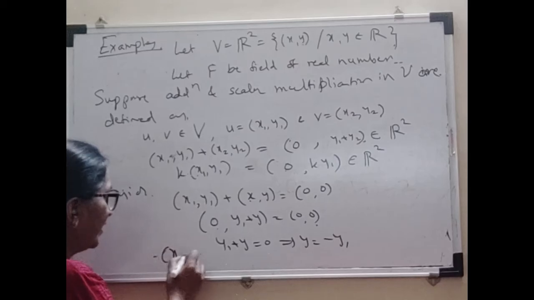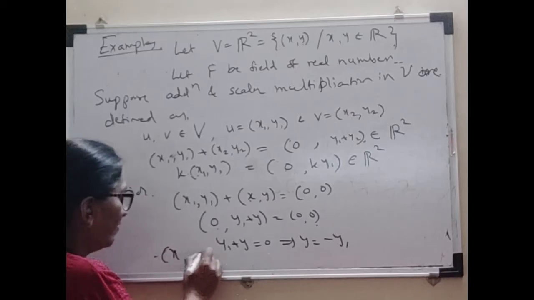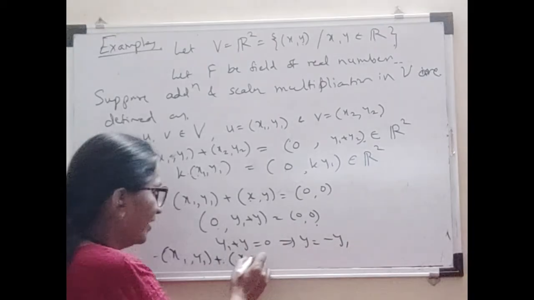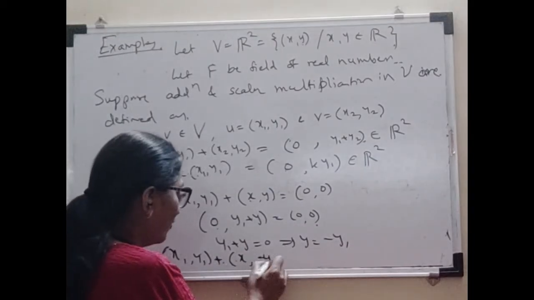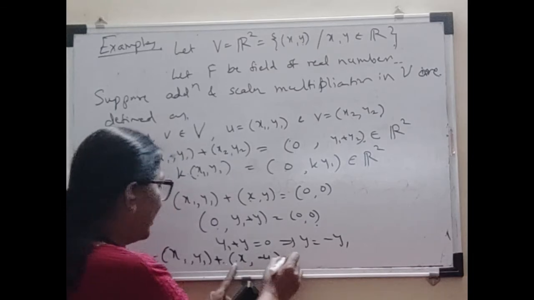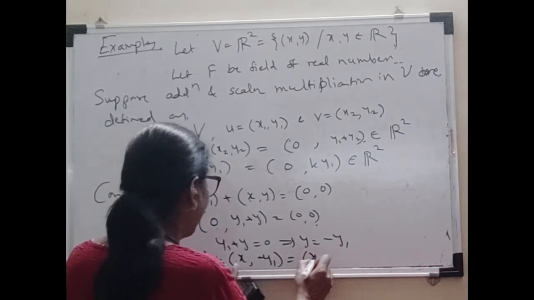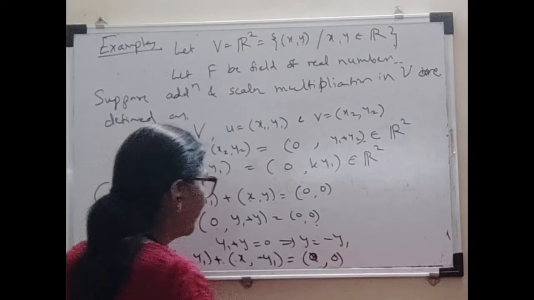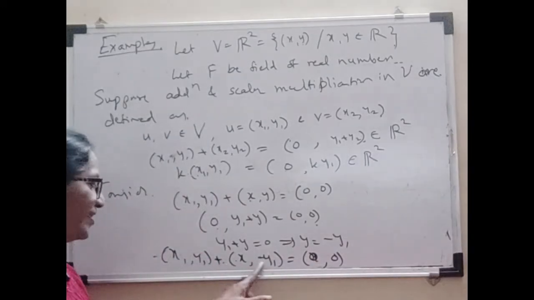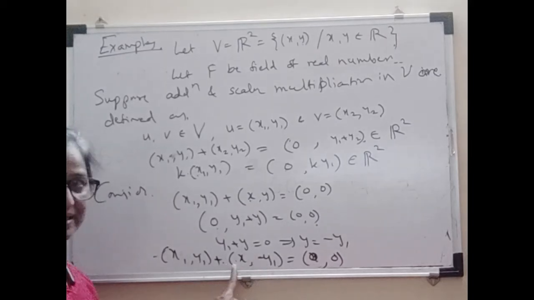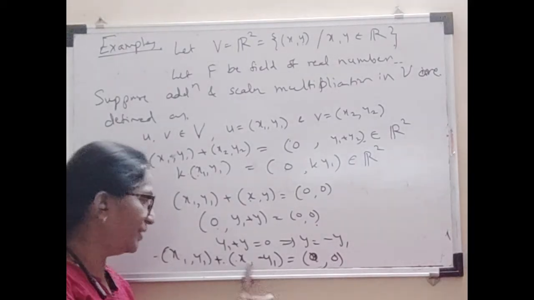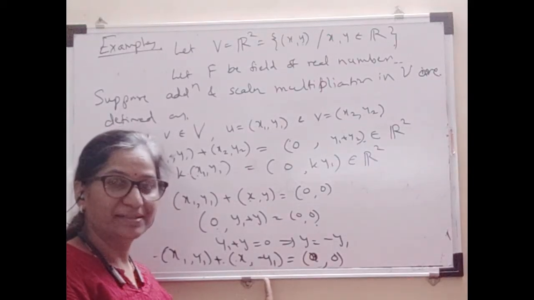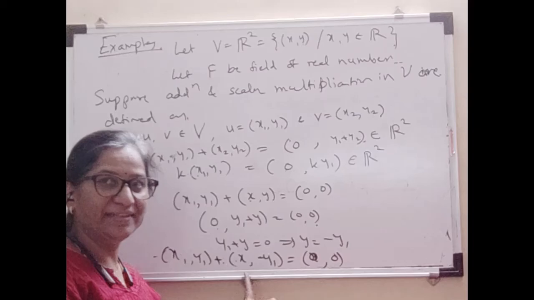So thus we get (x1, y1) plus (x, minus y1), where x is free, so I keep it as it is, and y as minus y1, and the first component sum is nothing but 0. So (x, minus y1) is an additive inverse of (x1, y1). Now is it unique? Is the additive inverse unique?